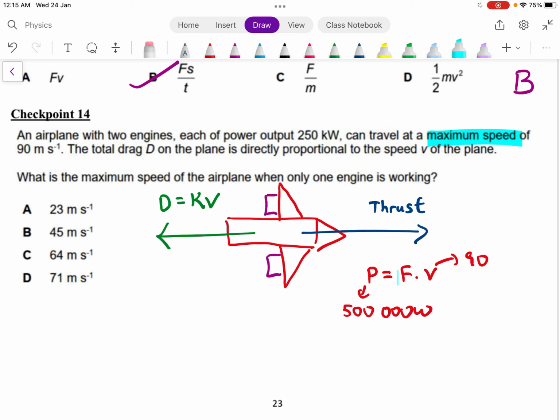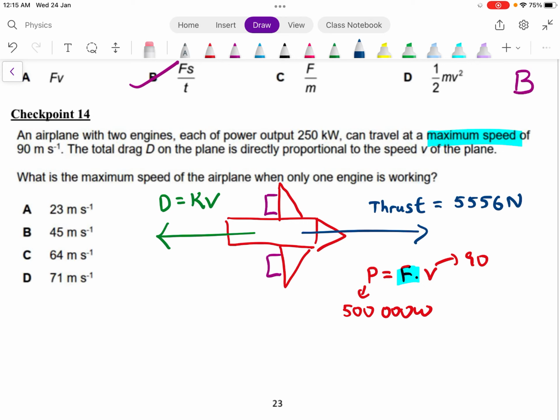Always remember F is not the resultant force, it's the engine force, or what we call the applied force. So it's simply 500,000 divided by 90, so the thrust is about 5556 Newton. That's the forward thrust.